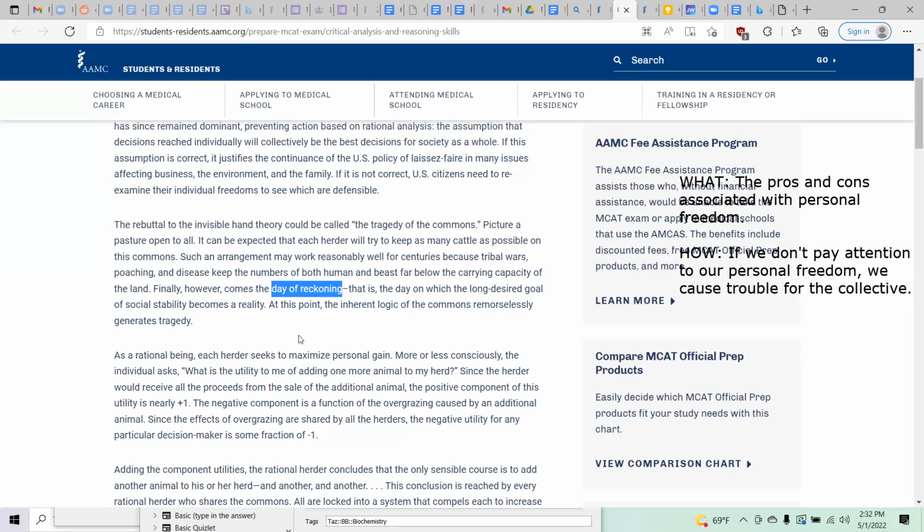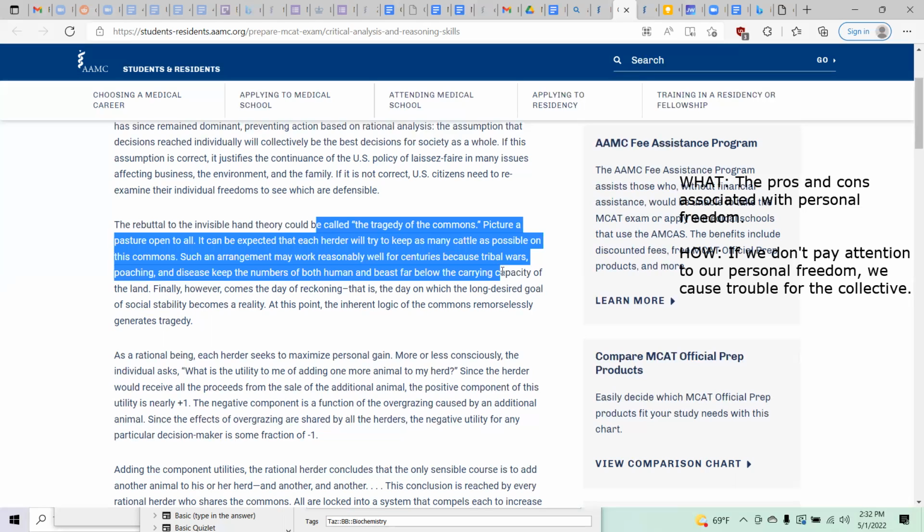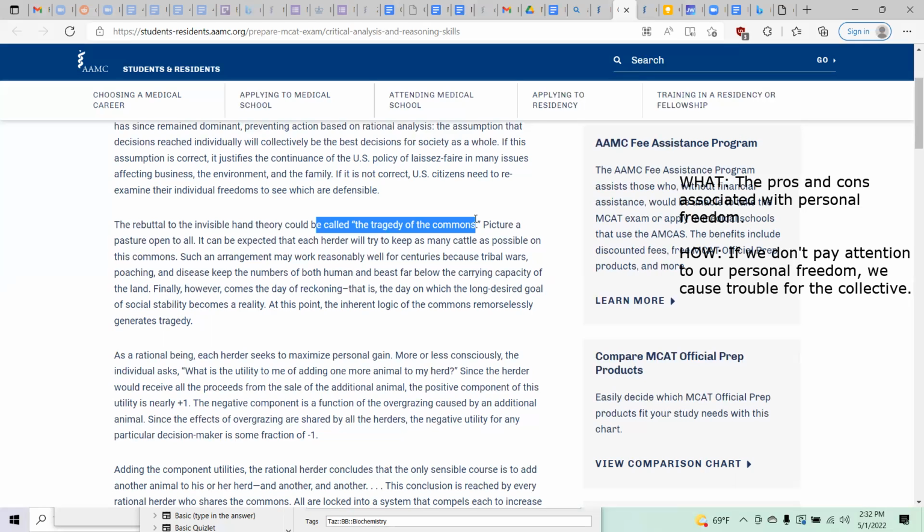Since he's using these strong word choices, we're thinking, why does this dude feel so strongly? What is he actually talking about? Ultimately, he's talking about the tragedy of the commons, because all of this was him explaining the situation. Overall, we're trying to get his feelings.